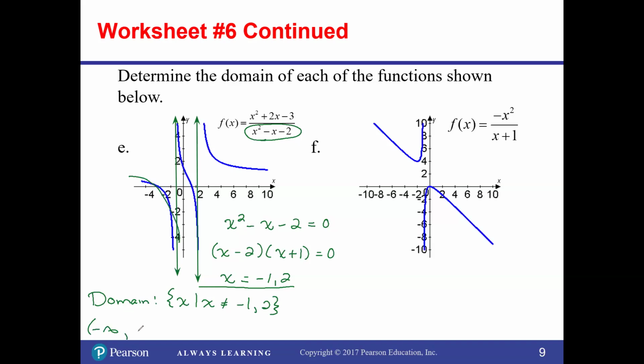So from negative infinity up to that -1. Between that -1 and 2, I have values. And then once again, after that 2 to infinity. Just can't have any at -1 or 2. So that'd be my domain.